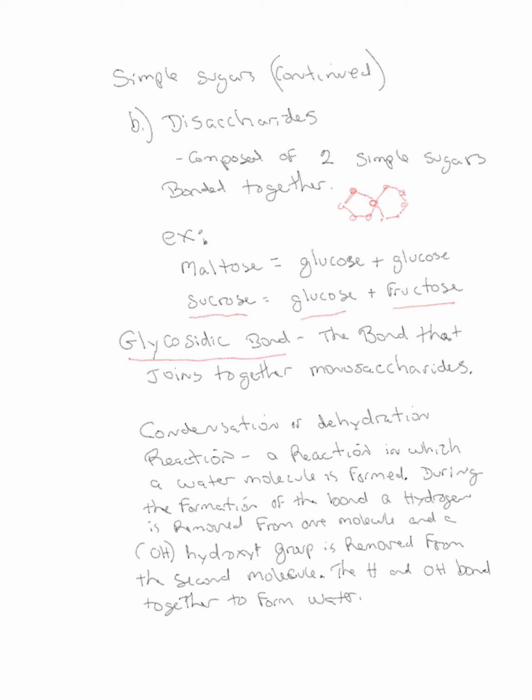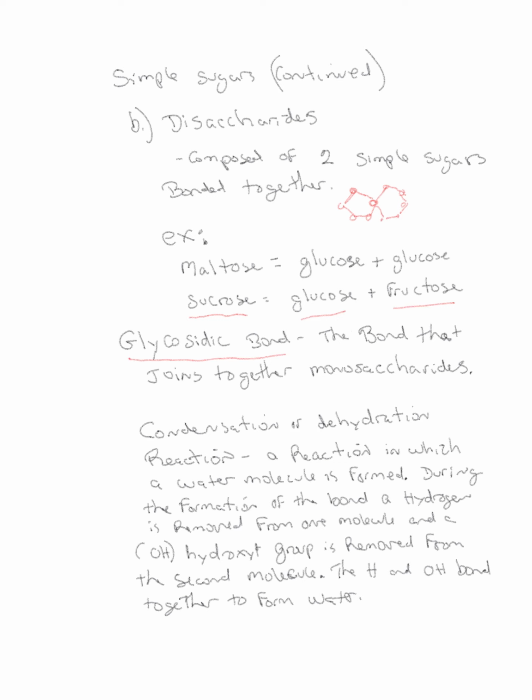Now, when a glycosidic bond forms, a water molecule is produced. And where does that water molecule come from? Well, hydrogen is removed from one monosaccharide, and an OH or hydroxyl group is removed from the other monosaccharide. And those join together to form a water molecule.